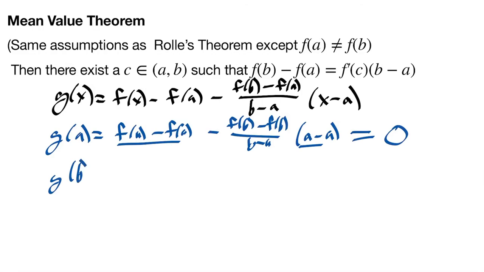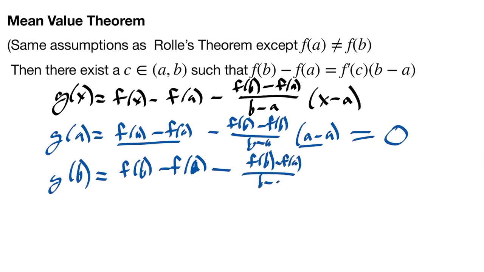Similarly, if I take g of b, what am I going to get? I'm going to get f of b minus f of a minus f of b minus f of a over b minus a times b minus a. But you'll see that this b minus a and this b minus a cancel each other out.